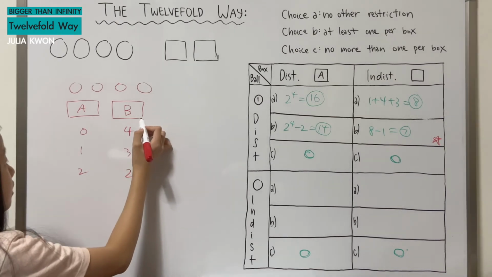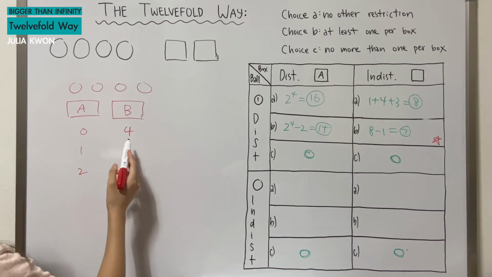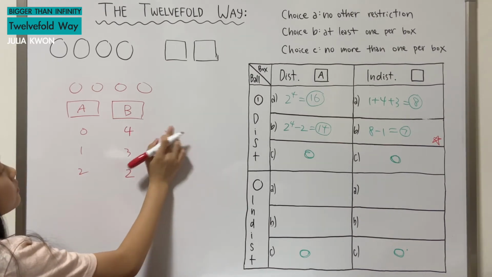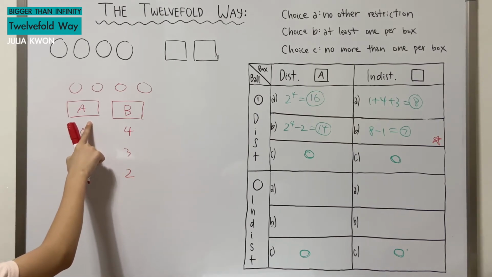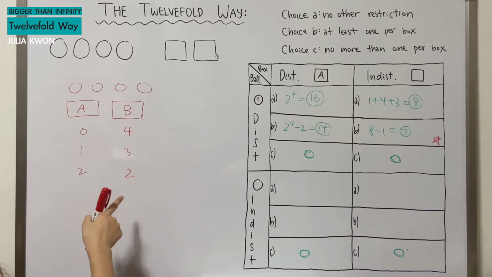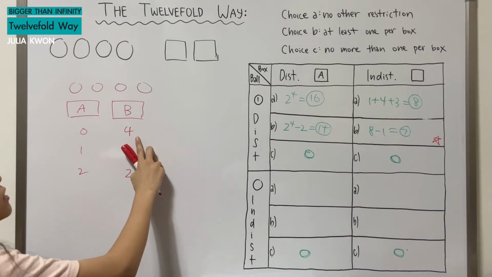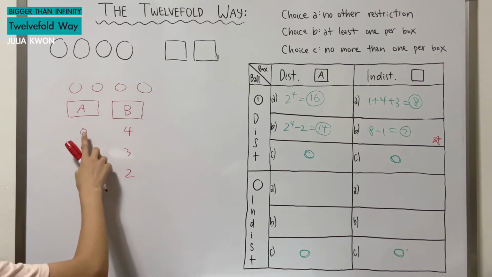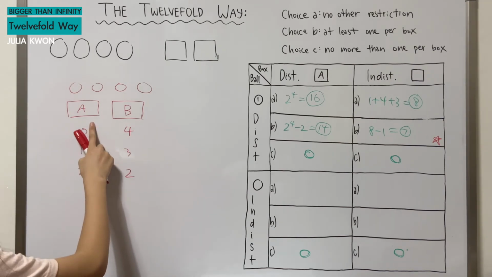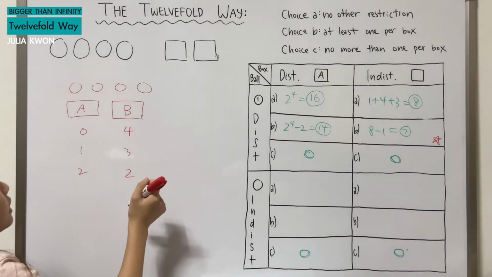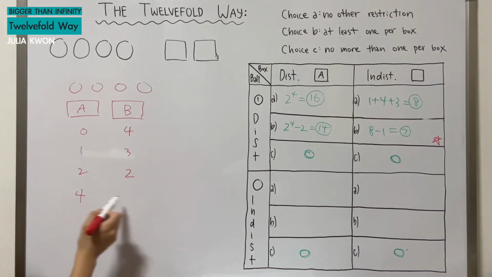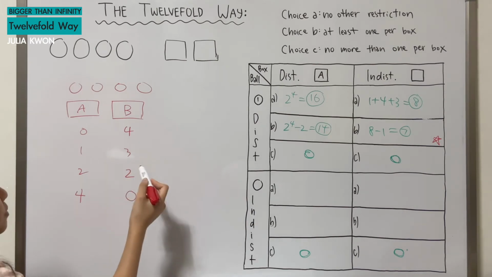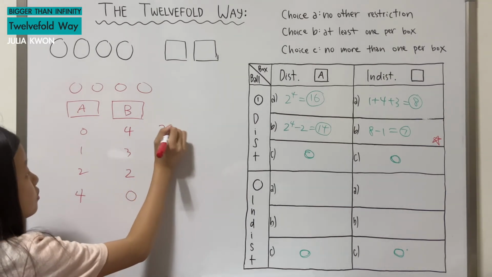Okay, now, how many ways can this happen? There can be only 1, except that now the boxes are distinguished. So there could be 4 balls in box A and 0 balls in box B, or there could be 0 balls in box A and 4 balls in box B. So that's actually 2 outcomes.